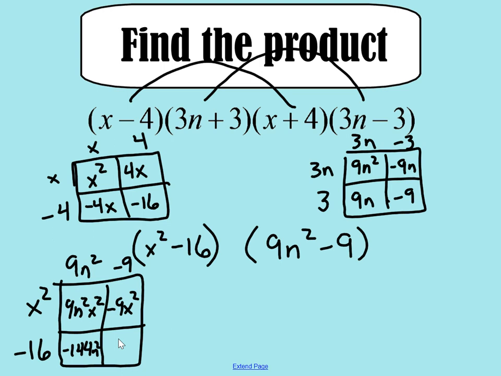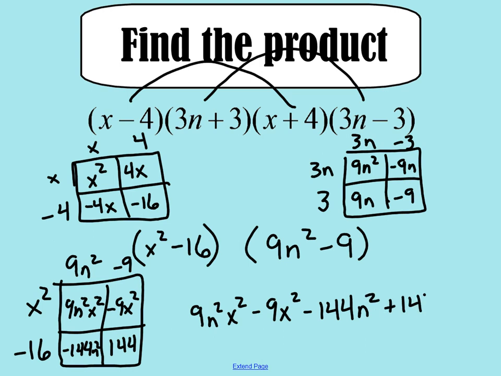Okay, and then we have negative 9 times negative 16, which is going to be positive 144. Now we just have to combine any like terms, which if we notice there are no like terms there, so it's just going to be 9n squared x squared minus 9x squared minus 144n squared plus 144.